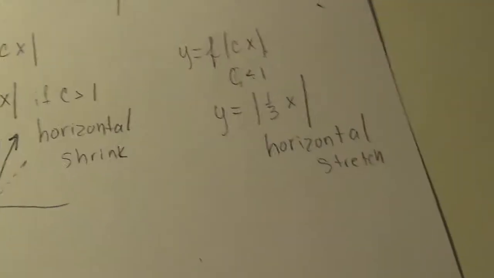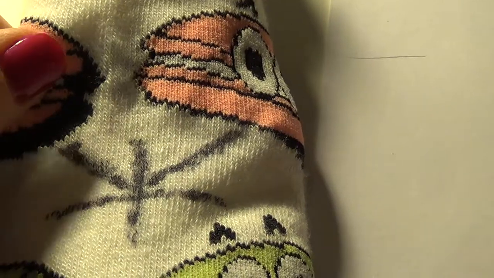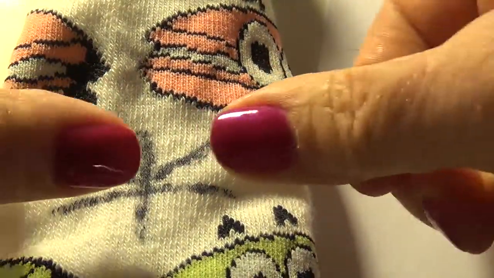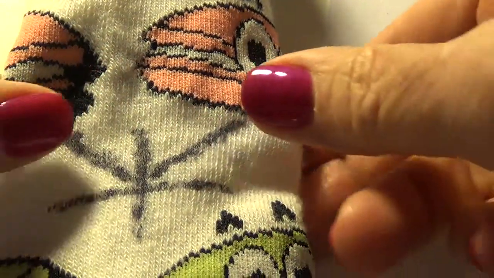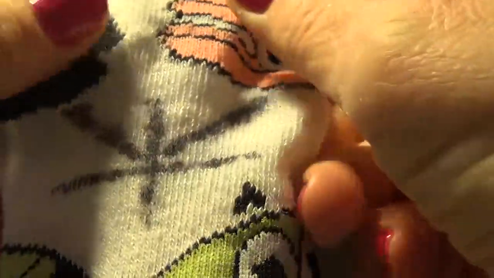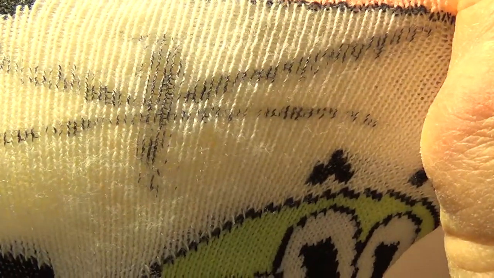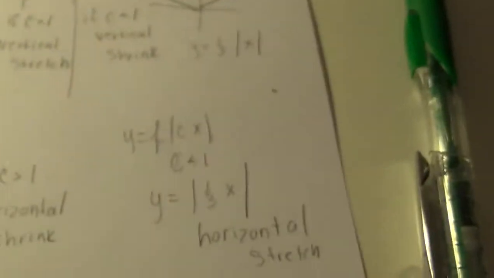Alright, so let's come over here and see what that looks like. Here is our regular function, and now horizontally, this way, I'm going to stretch it. Alright, I think you can see what's happening to the picture.